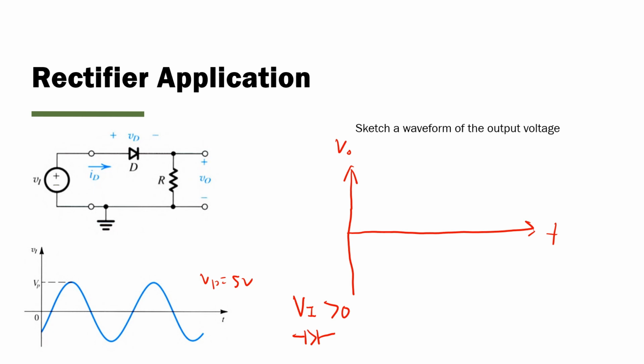So if Vi is at the peak, we go immediately to the anode, 5 volts. And what is the cathode? Well, the cathode, we see, is connected to this terminal, to this resistor, to this terminal, and then to ground. Therefore, we can state that the cathode observes 0 volts.